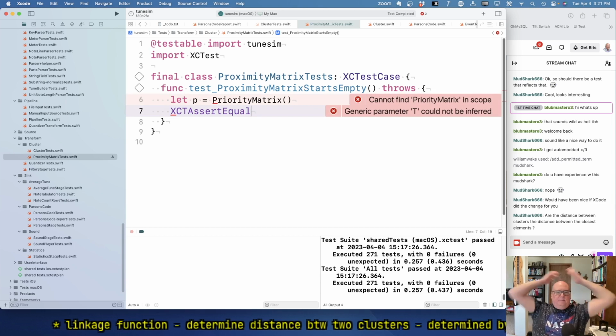Does anybody care if it's empty? I don't think they do. Maybe it doesn't.